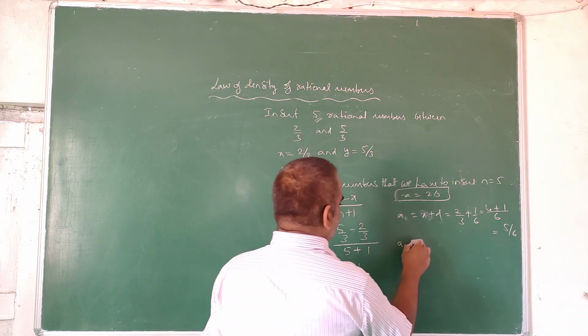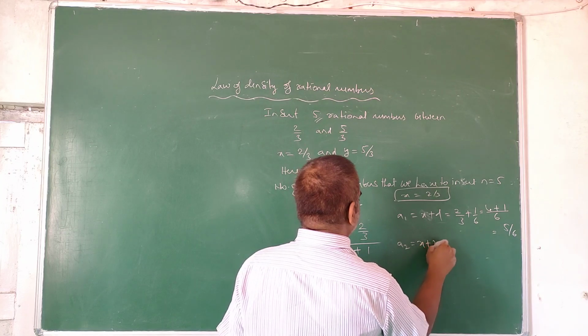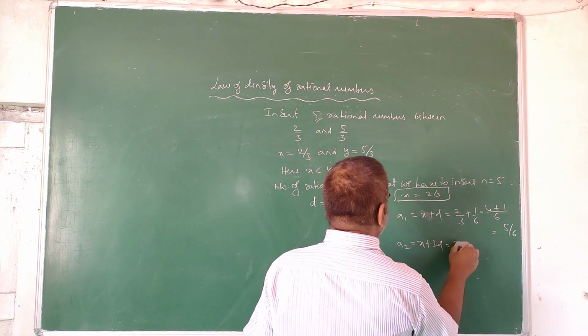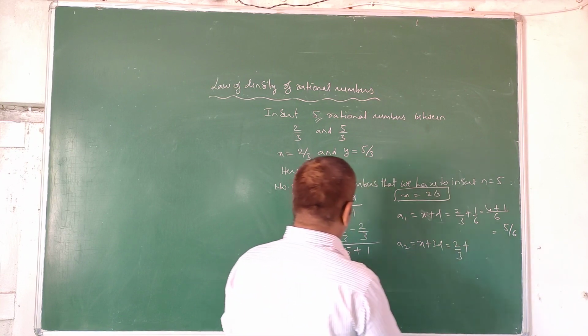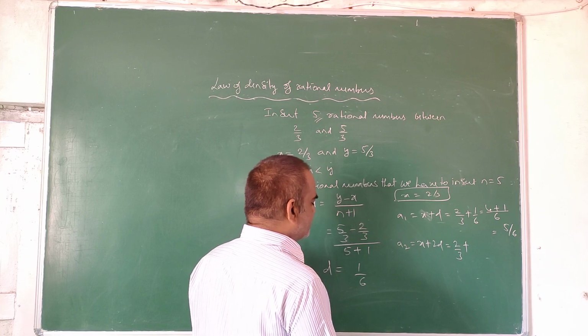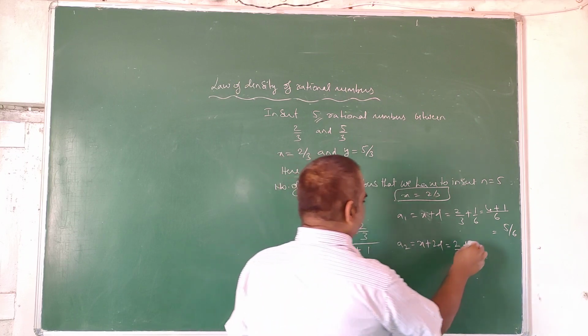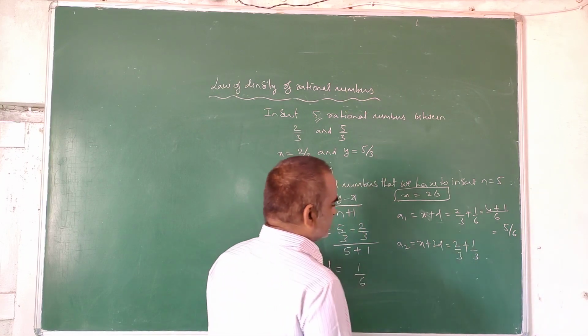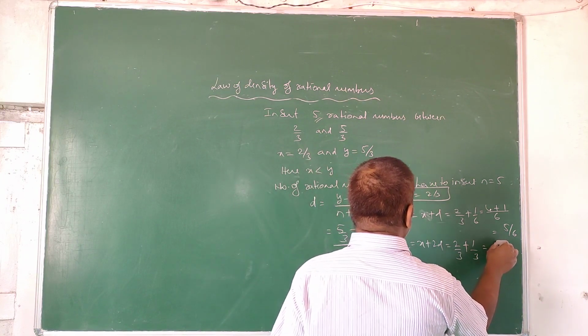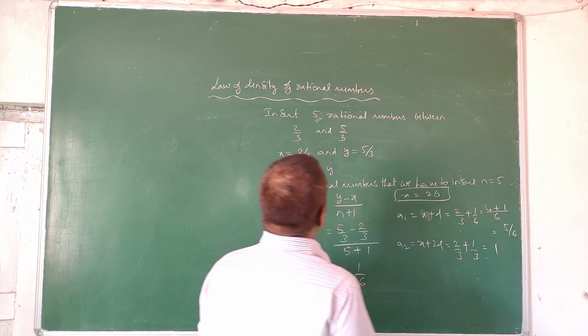Now you need to find a2, a3, a4, a5, 5 rational numbers that you have to insert. So a2 is x plus 2d, as I said. So x is 2/3 plus 2d, which means 2 into 1/6, that is 1/3. Are you following? Directly I wrote. So this is 2/3 plus 1/3, 3/3, it is 1.